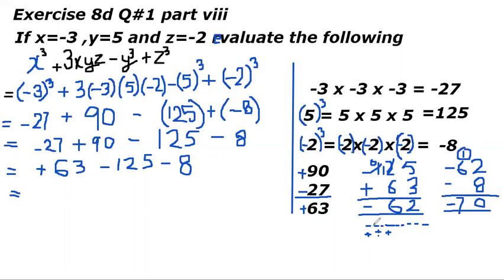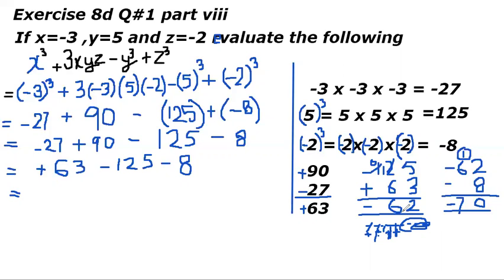Negative signs are 125. Positive signs are only 63. All the positive signs will be cancelled out by the negative signs, and negative signs will be left over, and 62 negative signs will be left over.